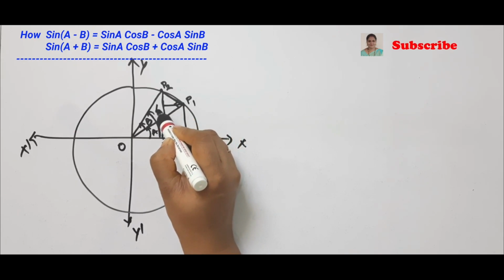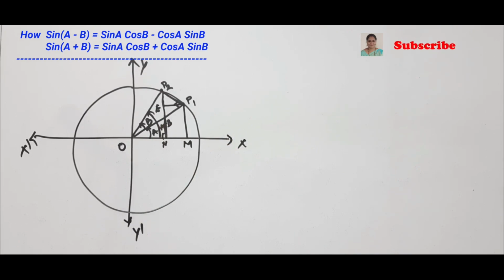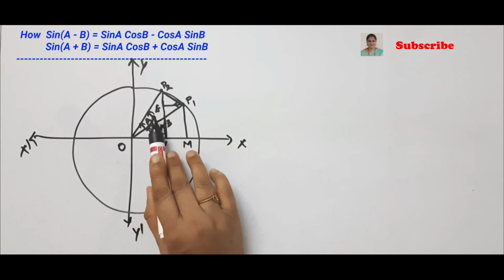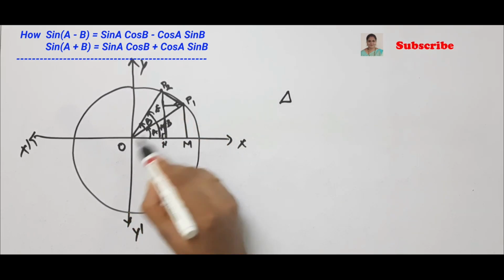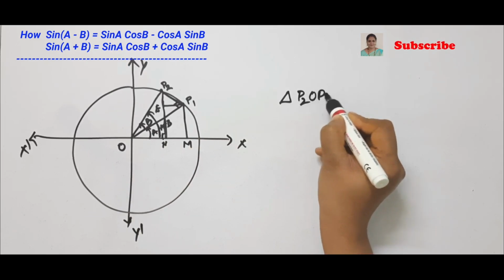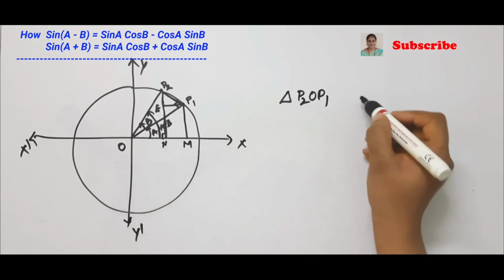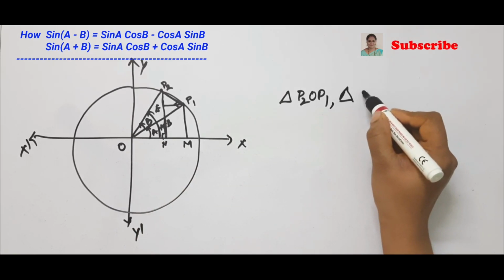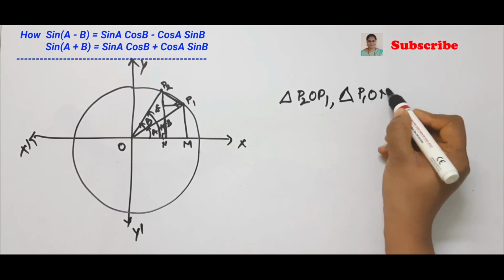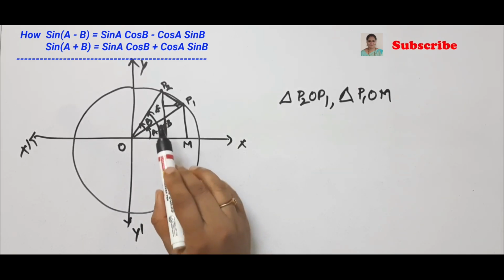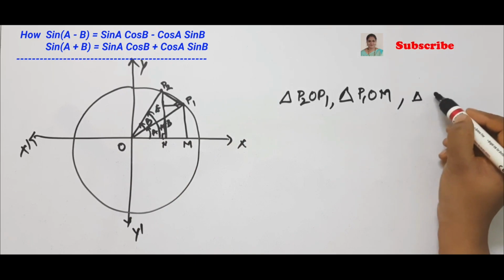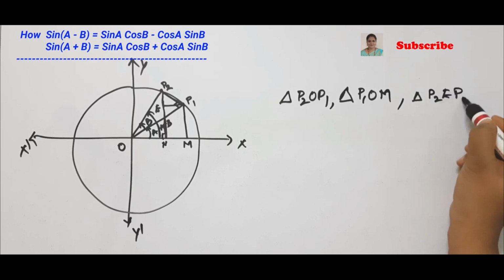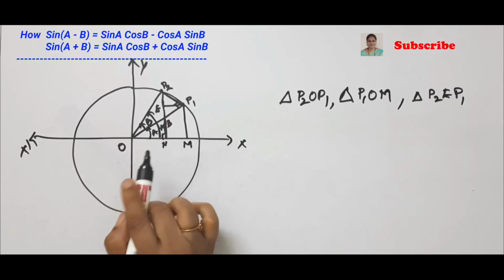Let this point be E. So, we got three triangles: one is P2OP1, the other triangle is P1OM, and another triangle is P2EP1. These three triangles we got in this figure.